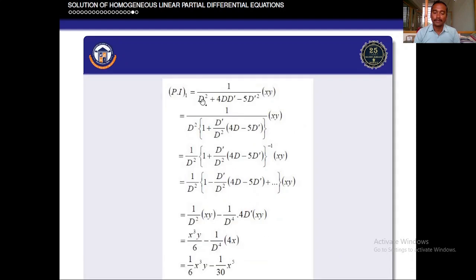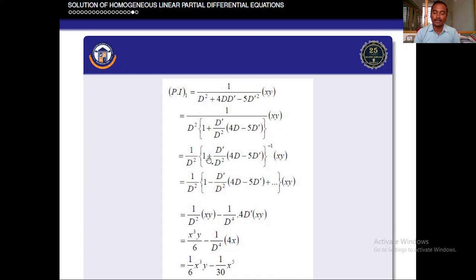Now see the cancellation of D and D' for the function x into y, the algebraic function. In this case, take the first term, that means the D² term, as a common one from the denominator. If the functions are algebraic, we have to convert the denominator into the form of a binomial expression. For that, take D² as a common one from the denominator. So D² into [1 + D'/D² (4D − 5D')], and the whole thing to the power −1, into xy.